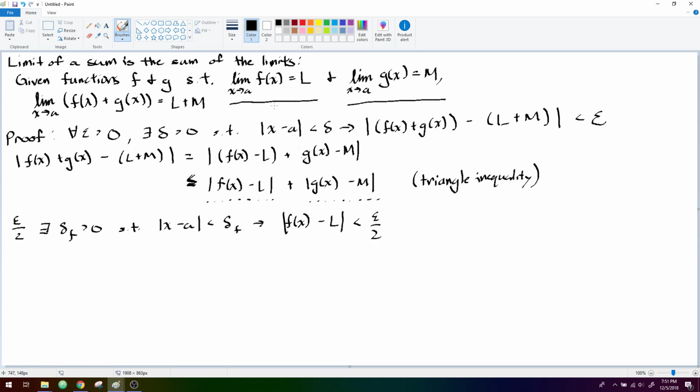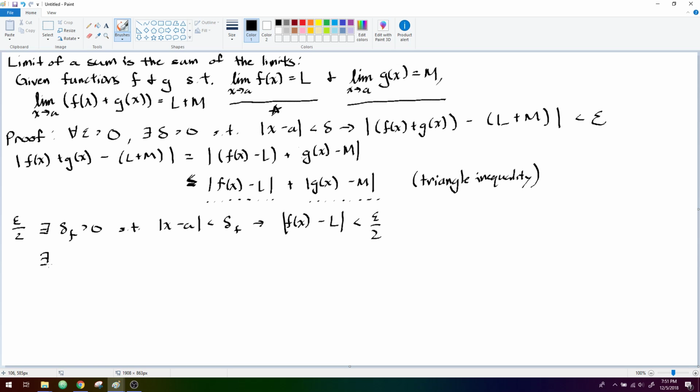Now, that's because the existence of this limit guarantees to me that this works for any epsilon I can imagine. So first I'm going to imagine some value epsilon, and I'm going to cut that in half. And you'll see why in just a moment. I'm going to cut that in half, but that's still a real number that's greater than 0. And so there has to exist some delta that lets me squeeze this function to being that close to L just by squeezing x to being within delta distance of a.